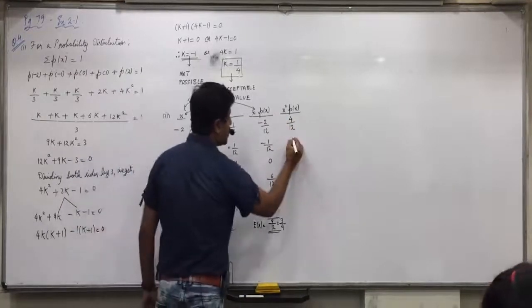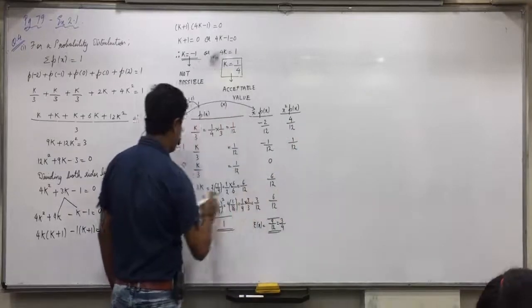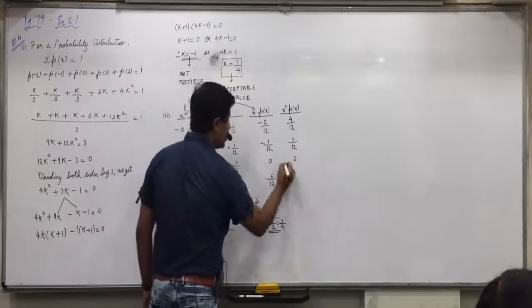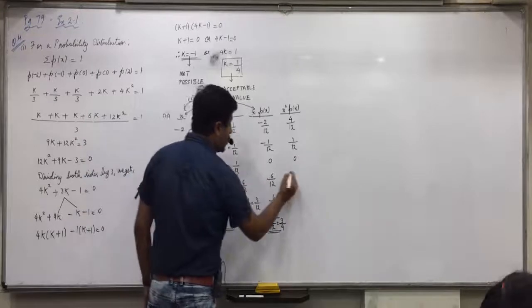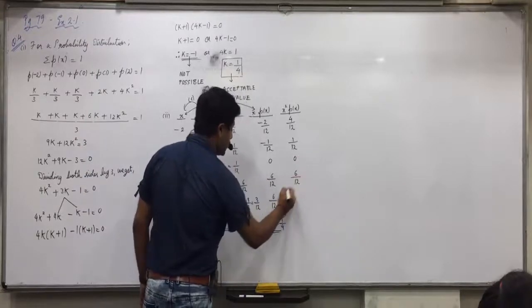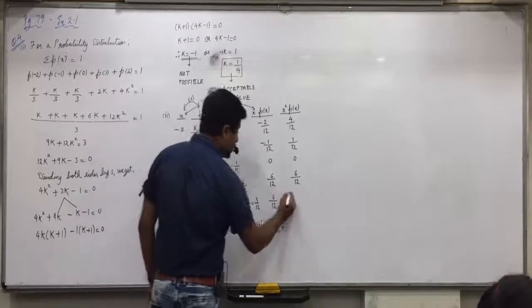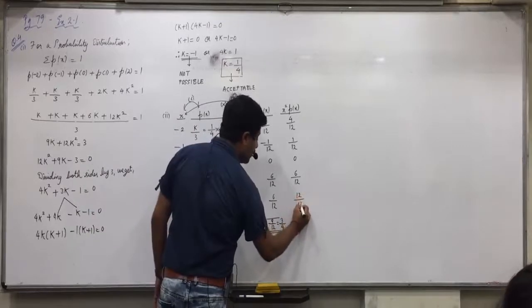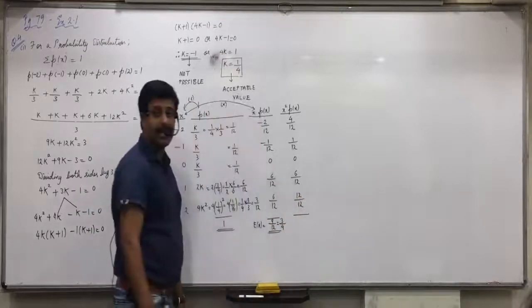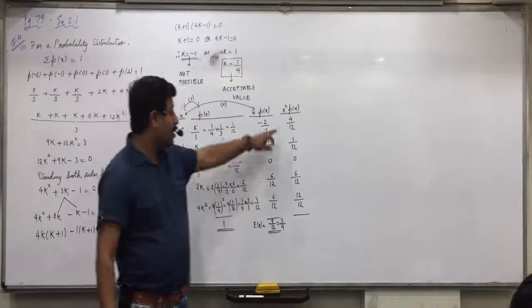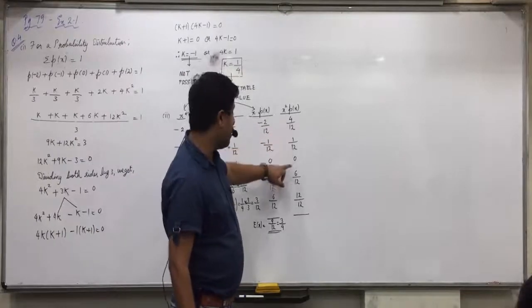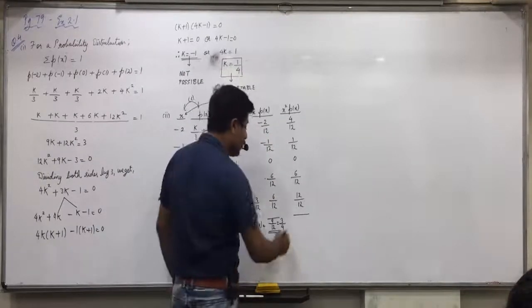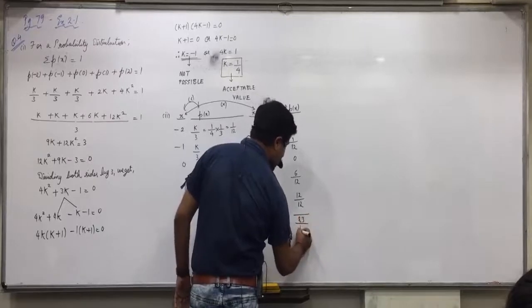Minus 1 into minus 1 by 12, 1 by 12. 0 into 0, 0. 1 into 6 by 12, 6 by 12. 2 into 6 by 12, 12 by 12. Did everyone understand this? 4 plus 1, 5, plus 6, 11, plus 12, 23. 23 by 12.